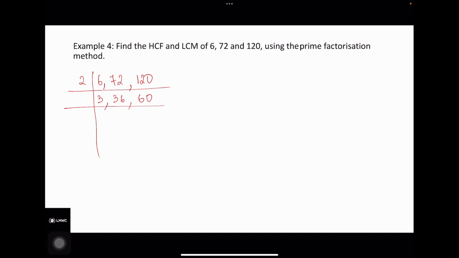All these three numbers are multiples of the prime number 3, so I will have to take 3. So 3 times 1 is 3, 3 times 12 is 36, 3 times 20 is 60. Next, the first number has been converted into 1, which means our HCF is 2 times 3, and hence the HCF of 6, 72, 120 is equal to 6.